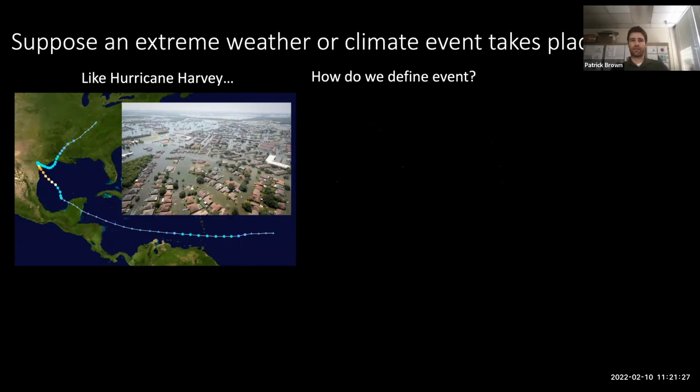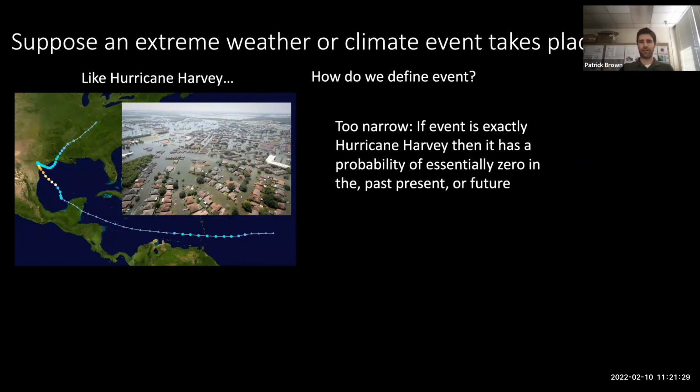The extreme example would be that you're way too narrow and you say the event is exactly Hurricane Harvey. If you're that narrow, you're never going to see Hurricane Harvey again in real life. It's never going to occur exactly like that in a climate model that's just spontaneously generating weather. So you can't be too narrow because you have a probability of 0 in any climate that you're looking at.